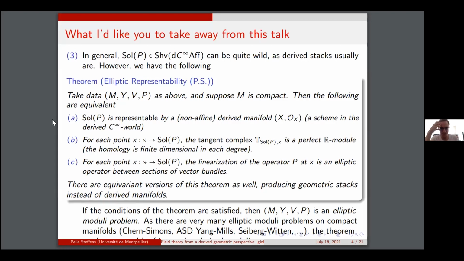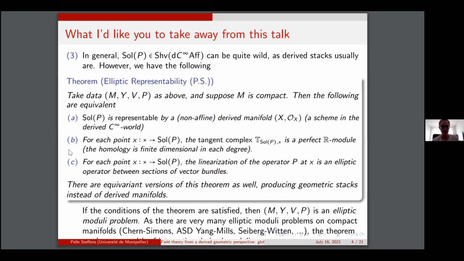In statement C, there's suddenly a mention of an elliptic operator. Yes, there is a subtlety. But could you just comment on how, from statements, C to B seems reasonable, right?